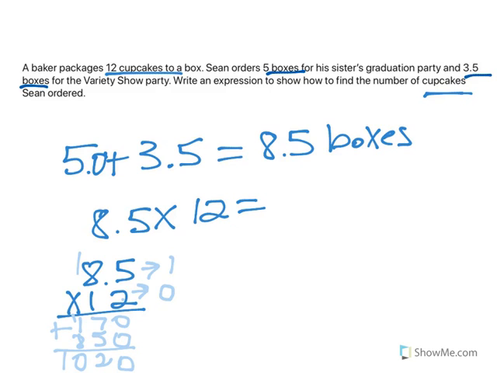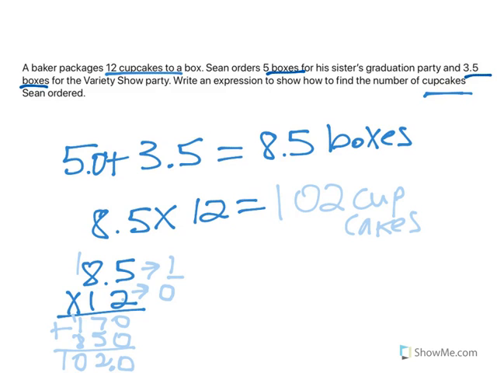So here it looks like I have 1,020. However, I need to come back up here, and remember I need to put one digit past my decimal. So the answer is there are 102 cupcakes that Sean had to order.